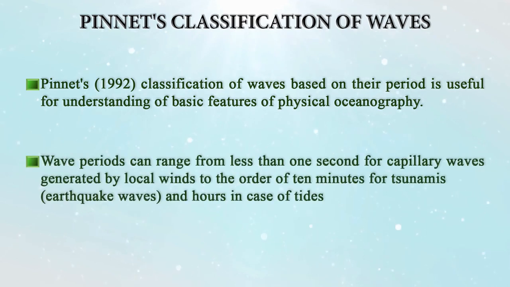Wave periods can range from less than 1 second for capillary waves, which are generally generated by local winds, to the order of 10 minutes or a few hours for tsunamis, and then 12 hours to 24 hours in the case of tides.